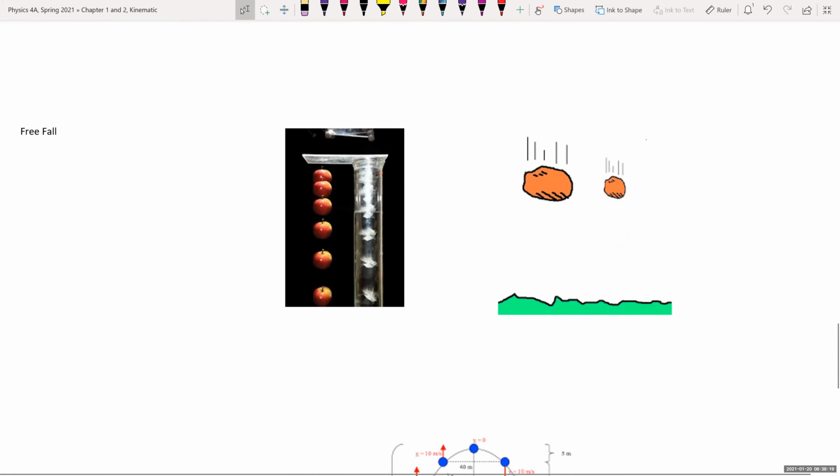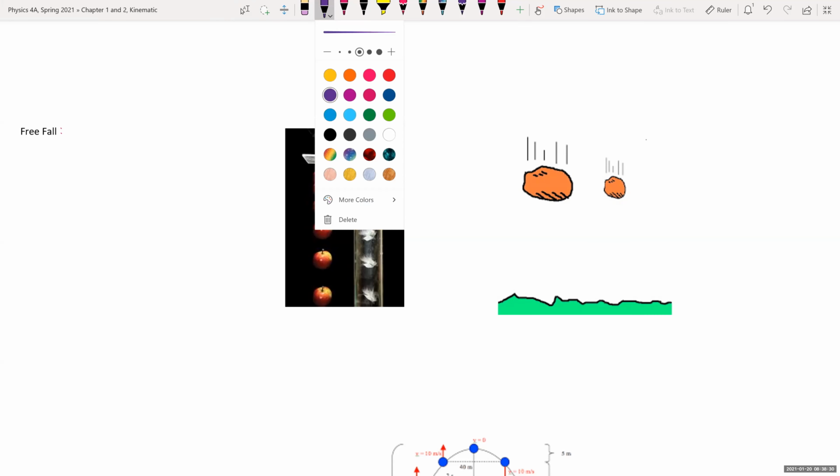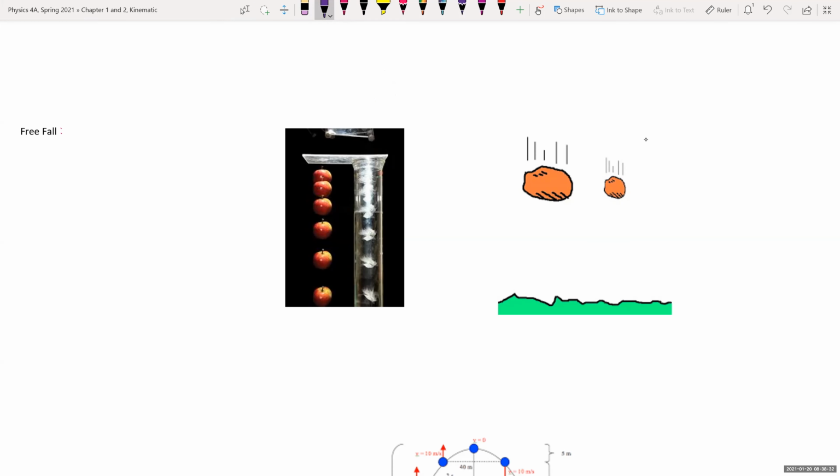What is free fall? When we say free fall, it means the object falls freely. What does that mean?